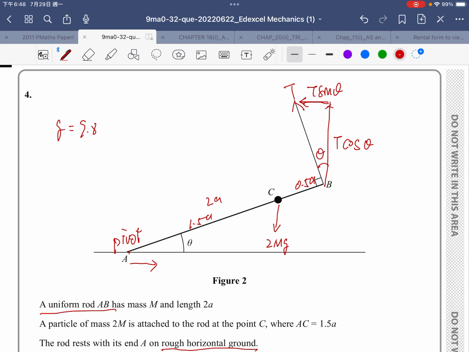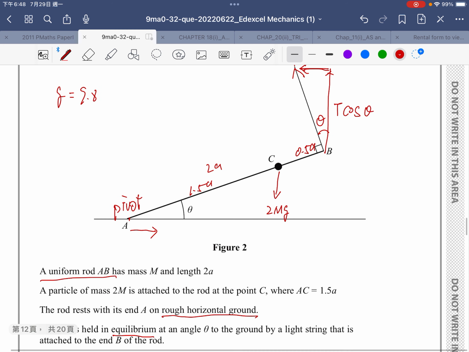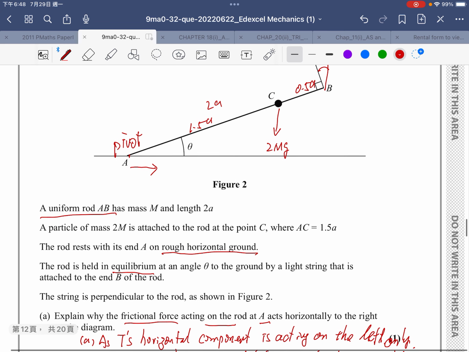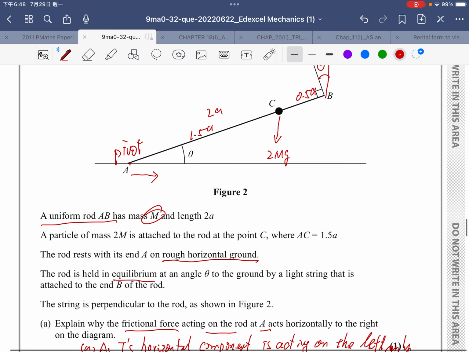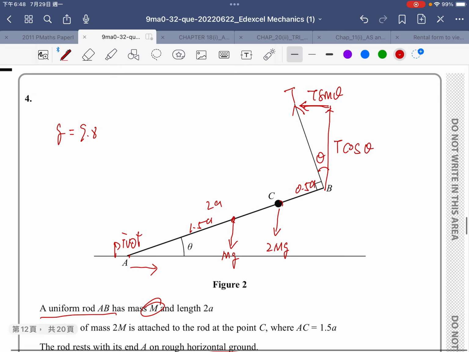The rod has mass m, and we suppose its weight acts at the middle, so the vertical force is mg, and the particle at point C is also vertically 2mg.